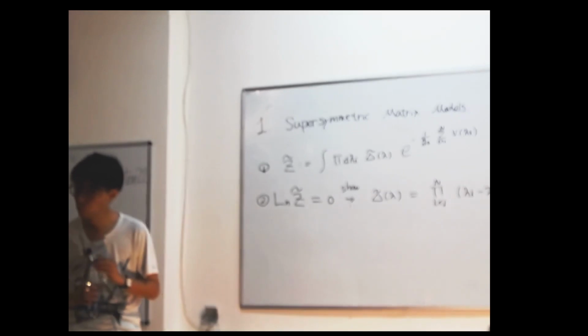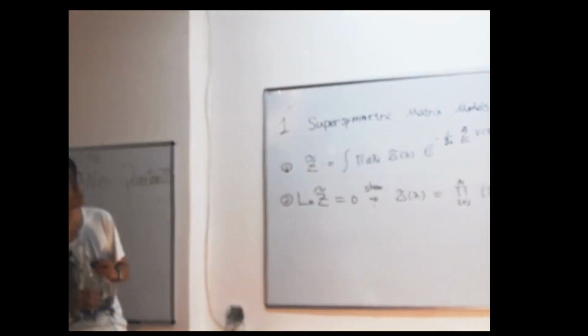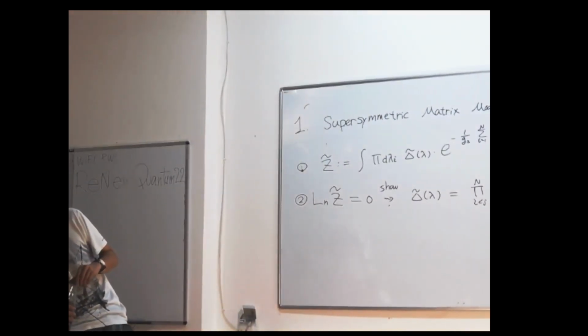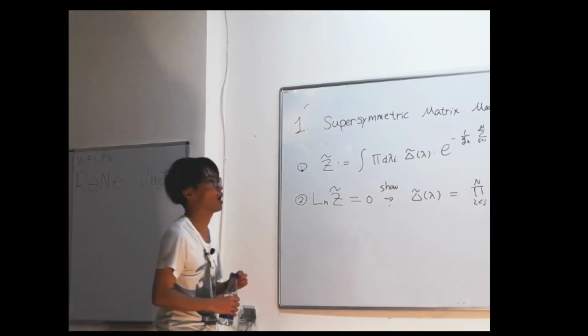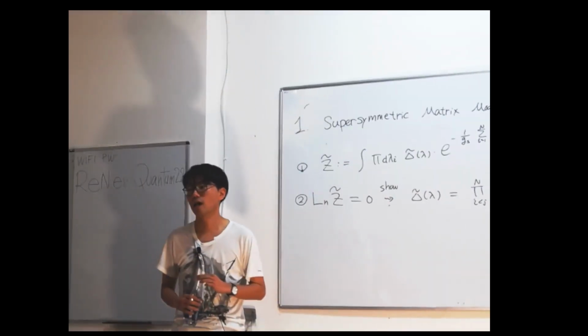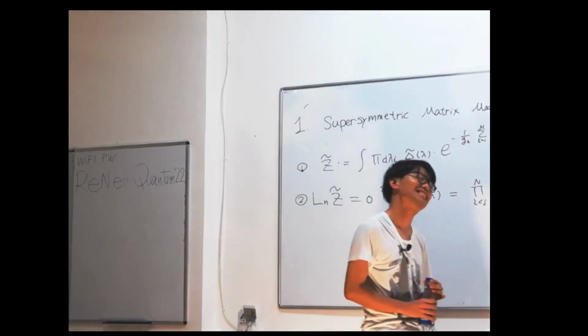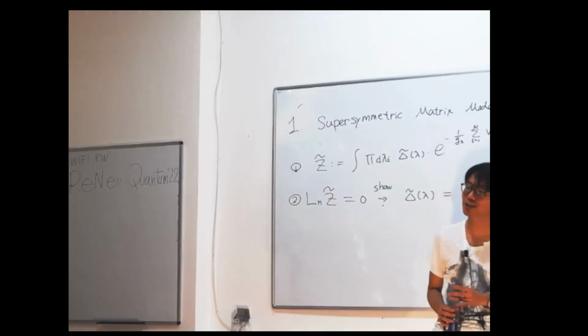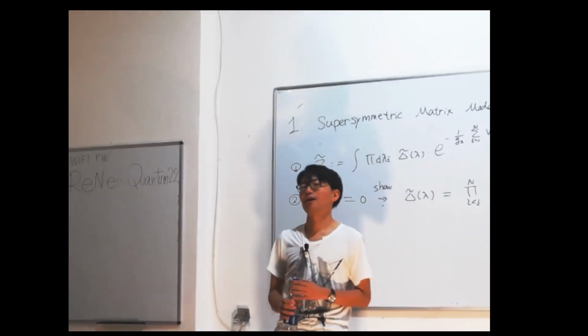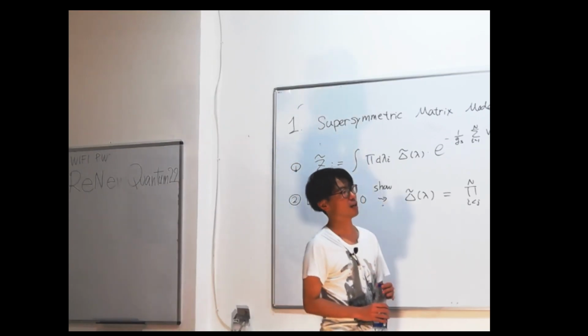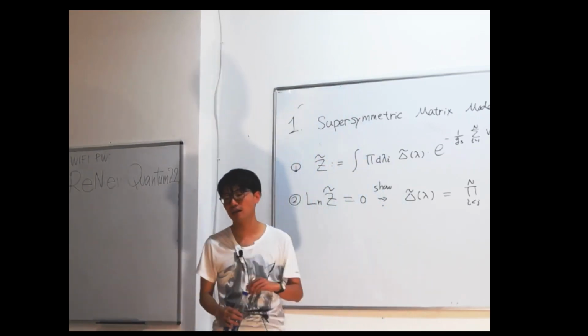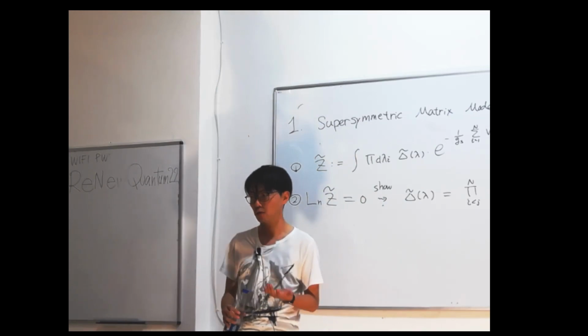What space is it? The theta, this new odd variable. Is it living in some space? Well, you could give some sort of meaning, but I think, at least for this case, you can think of it as a formal object.